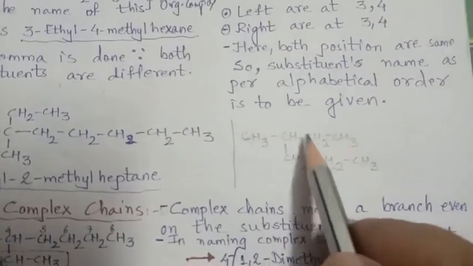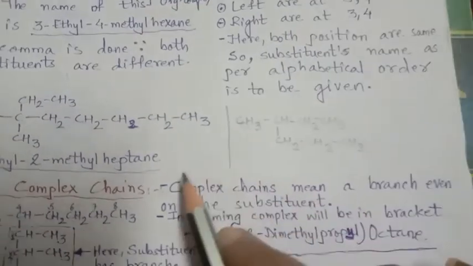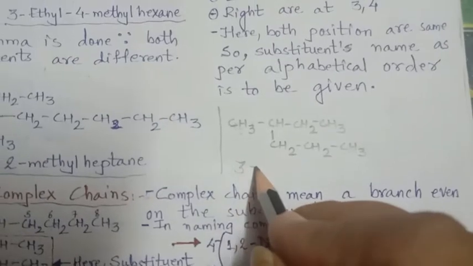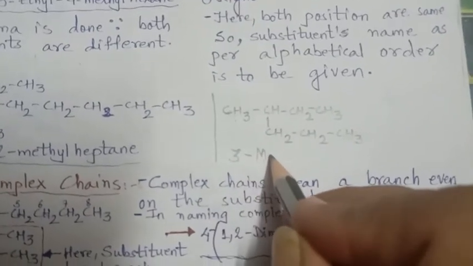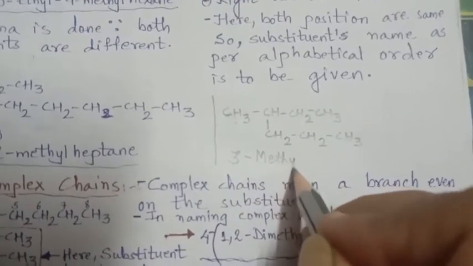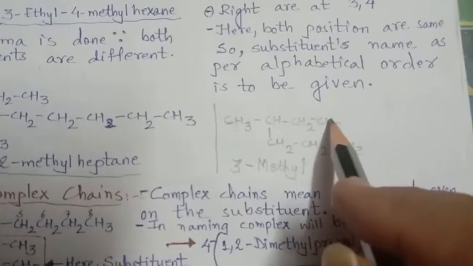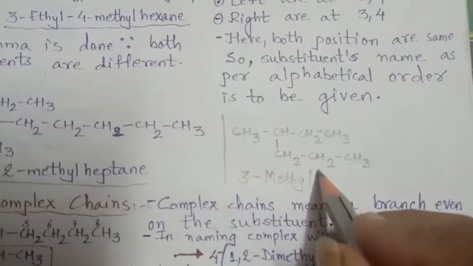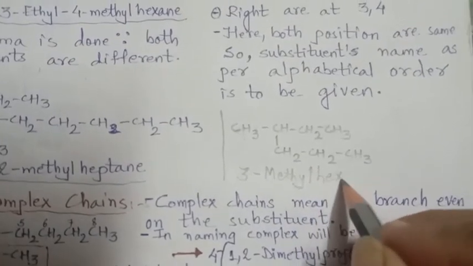So on the third carbon it will be the methyl substituent. So it will be 3 methyl, and the carbon numbers are 1, 2, 3, 4, 5, 6. So it is 3 methyl hexane.